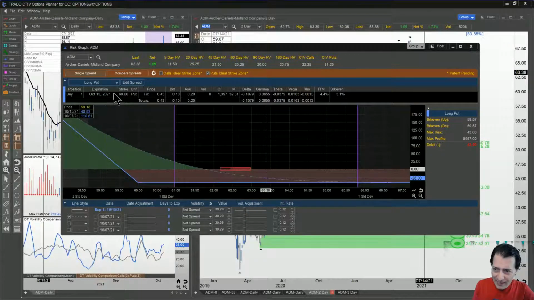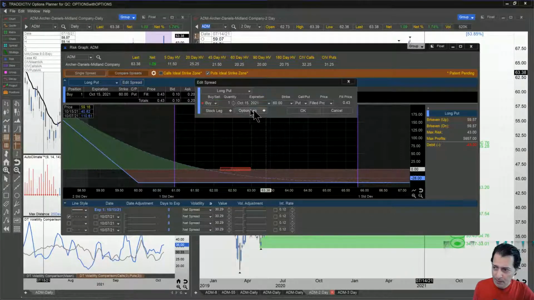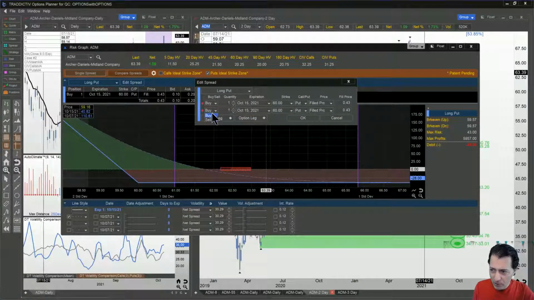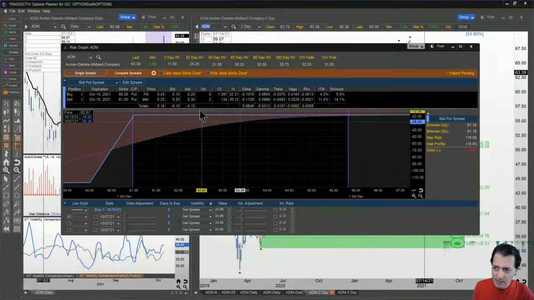Well, let's analyze what would happen. First, what if I add a bullish component to this? You're going to be like, what, bullish? Yes, let me explain. What if I sell a put against the put I have, a put which is higher, which in this case would be the 61 put? So if I sell the 61 and keep the 60 I have, which net cost me 43 cents, the 61 put would pay me 25.